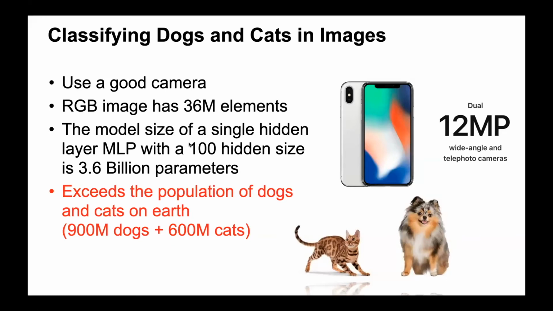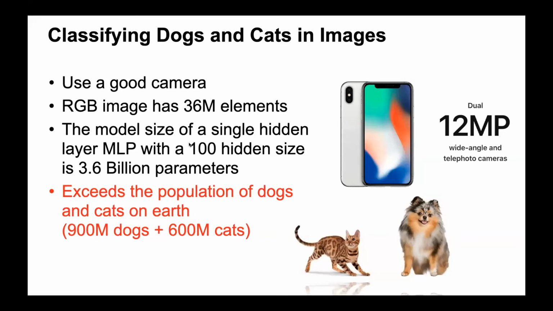Typically, you would require one or two images to tune each parameter, and so you need about 3.6 billion to 7.2 billion images to actually train this neural network. But that's not true. That's not what we see in practice. So what's going on here?